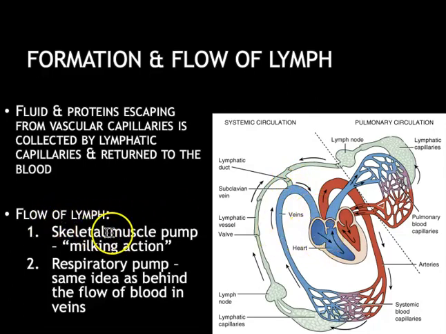The flow is basically the same as we saw with blood in veins, so it's either the skeletal muscle pump, and that's considered milking action, pressing it back up toward the heart, as well as the respiratory pump that we discussed when we talked about veins and blood vessels.